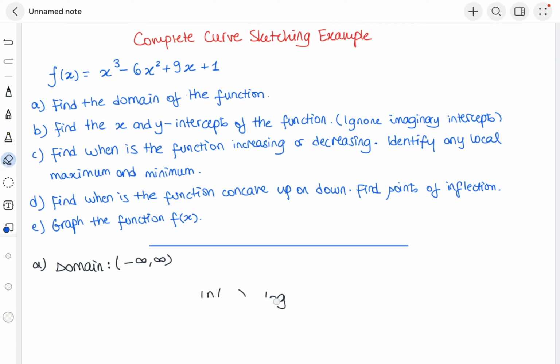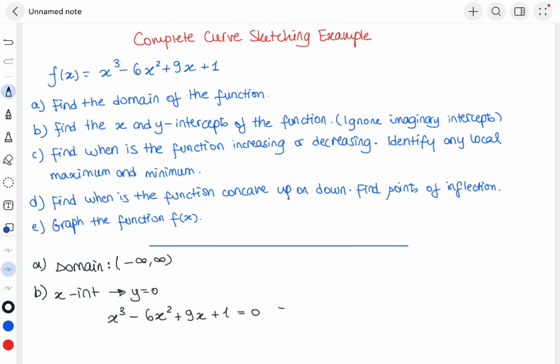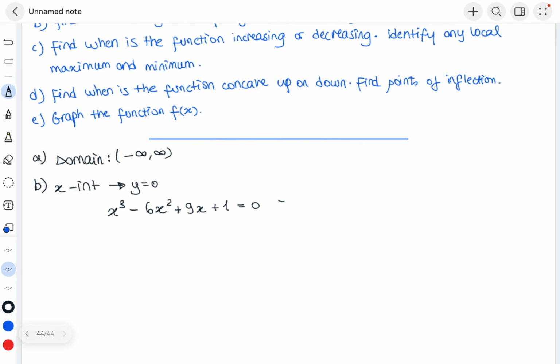Now, to find the x and y intercepts: to find the x-intercept means we need to put y equal to 0. Solving for that, we'll have x cubed minus 6x squared plus 9x plus 1 equal to 0. Keep in mind, whenever you have x cubed, it means you'll have 3 solutions.